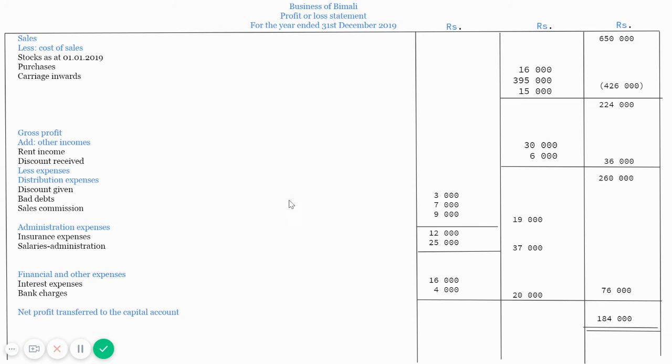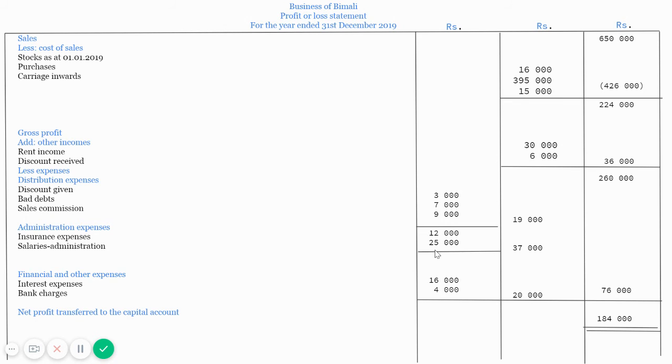So bad debts in this sum, there's a balance of 7,000 as bad debts. Then salaries, administration, specifically they have mentioned it as administration. So 25,000 will be in the profit or loss statement under administration expenses, salaries, administration, 25,000.